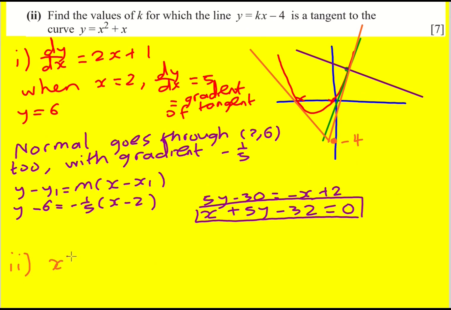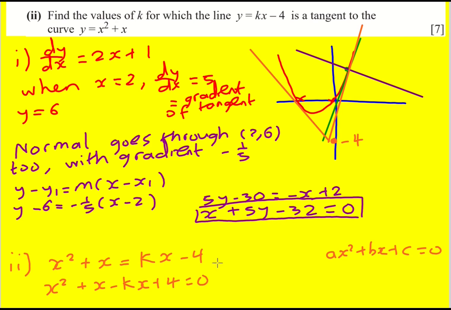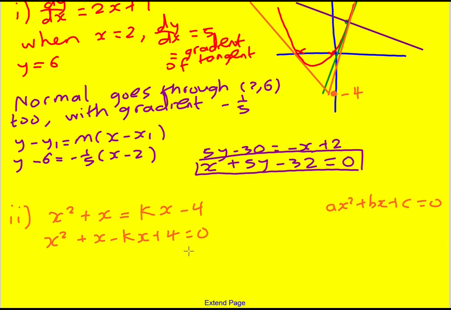Okay, so x squared plus x will equal kx minus 4. Let's get it as a quadratic, so it's in the form ax squared plus bx plus c equals 0, because that's what you use the quadratic formula on. So I'm going to get x squared plus x minus kx plus 4 equals 0. I just need to factorize the x out.